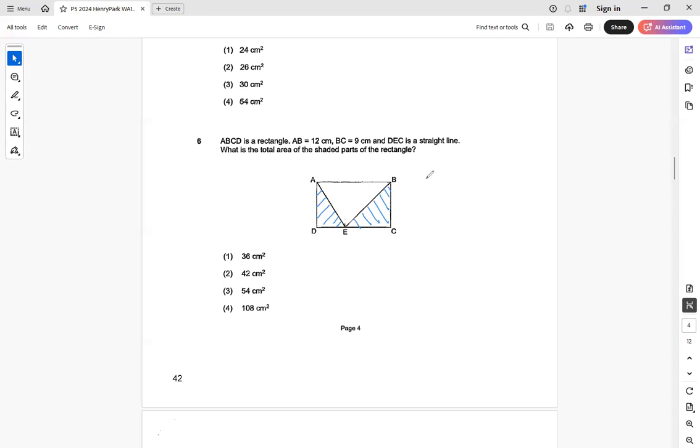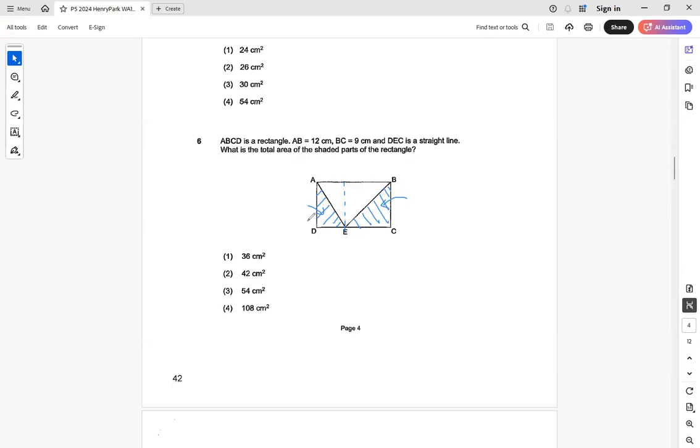Okay, so for this question, you're going to find the shaded part, right? Actually, if you look at this rectangle, I'm going to show you that if I draw this here, I split it into this rectangle and this rectangle. This shaded part here is half of this rectangle over here. This shaded part here is half of the other rectangle that I've drawn.